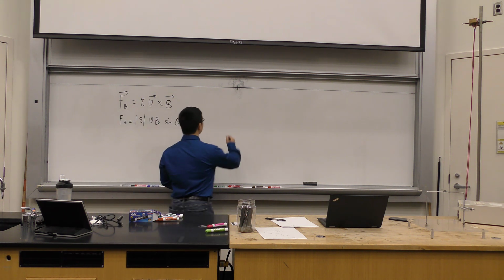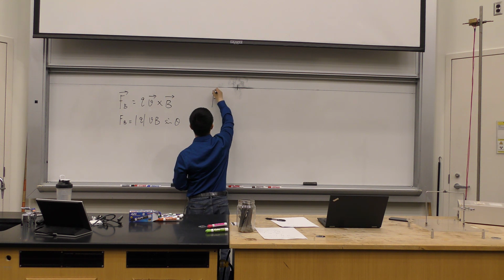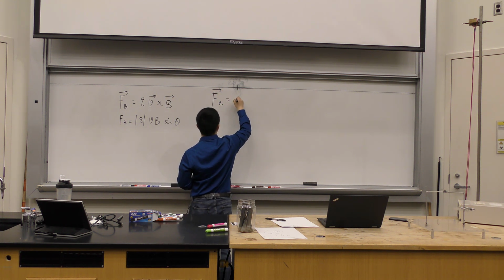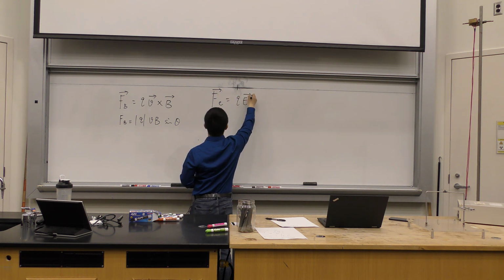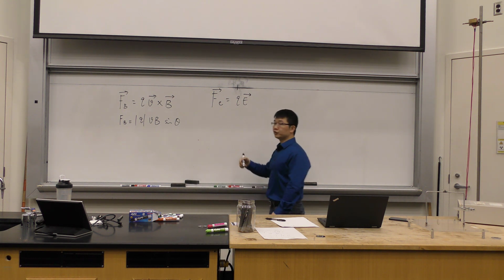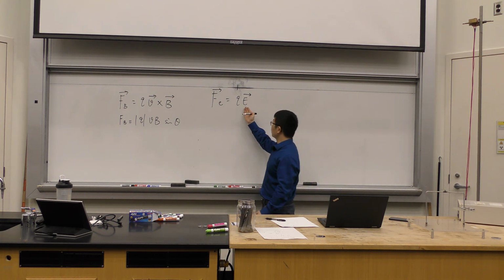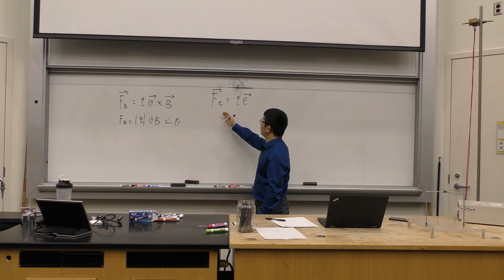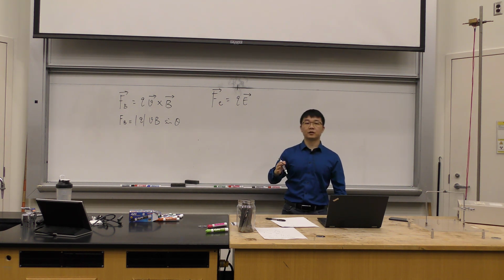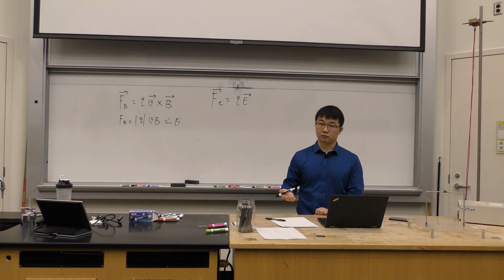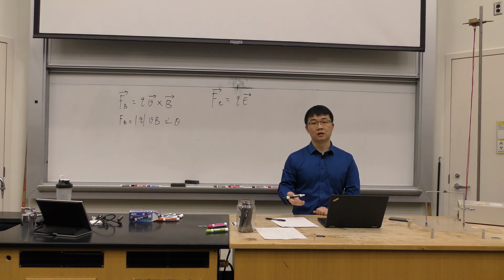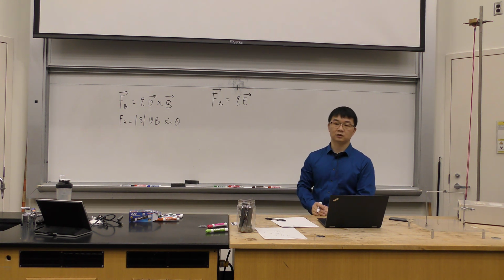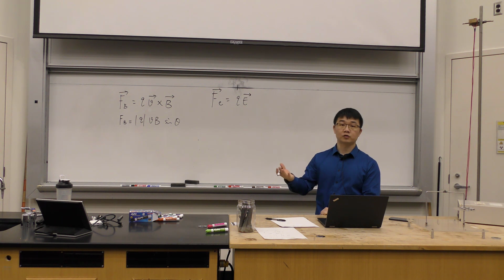So it's very complicated. It's more complicated than the electric force, because the electric force is this, right? Even though the electric field can be complicated, if you already know the detail of the electric field, the force is always going to be either in the direction of the field or opposite to the field, right? So at least you don't need to worry about the direction. The direction doesn't depend on the motion of the charge.